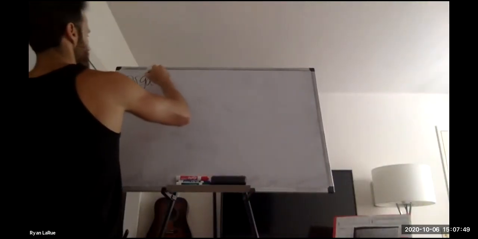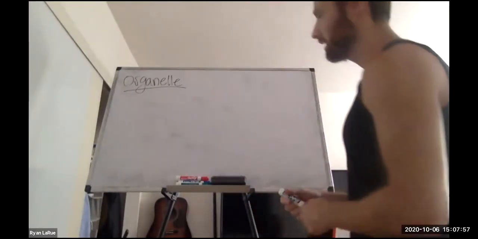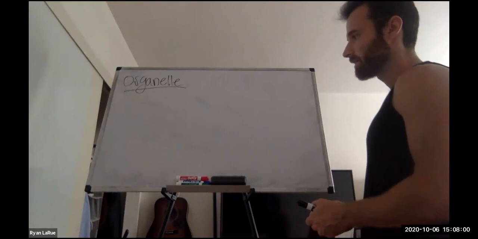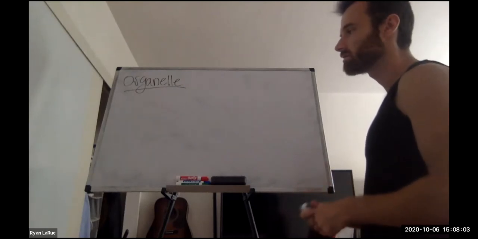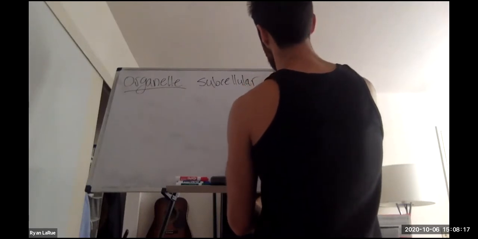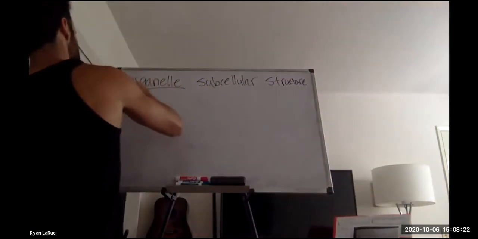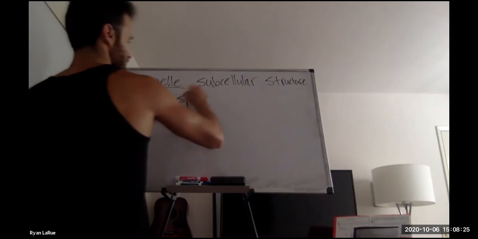So an organelle is a specialized structure devoted to a particular function within cells. So let's write: a subcellular, so within cells, a subcellular structure with a specialized function.